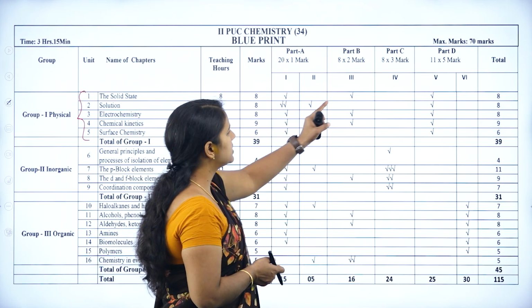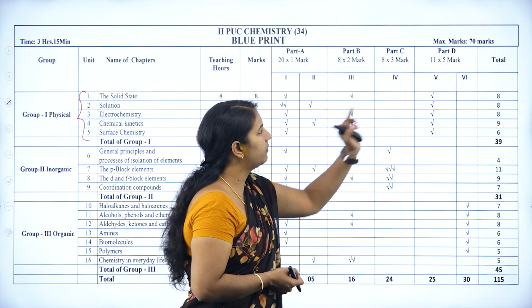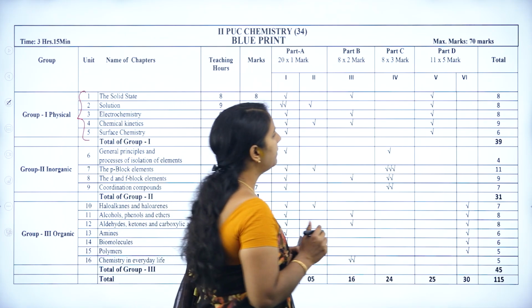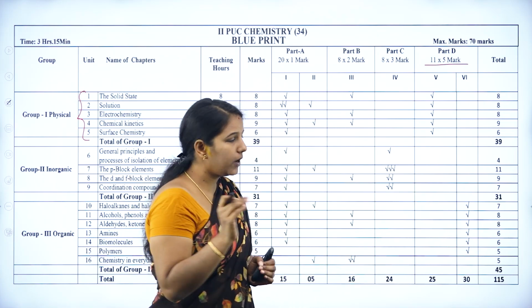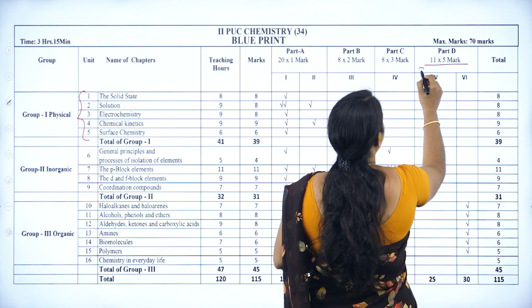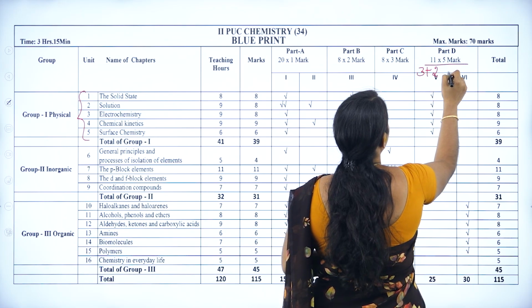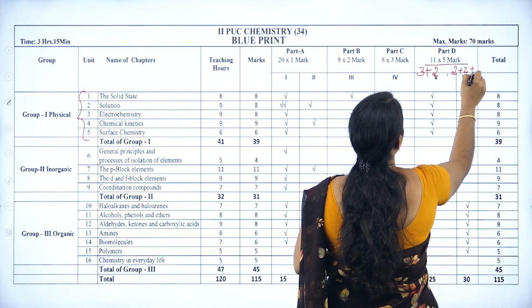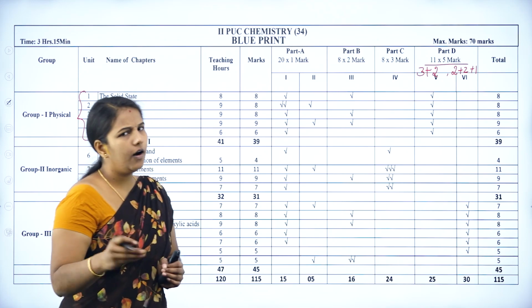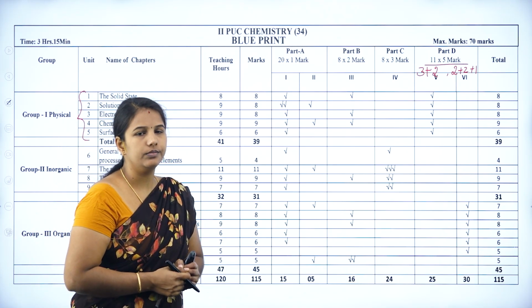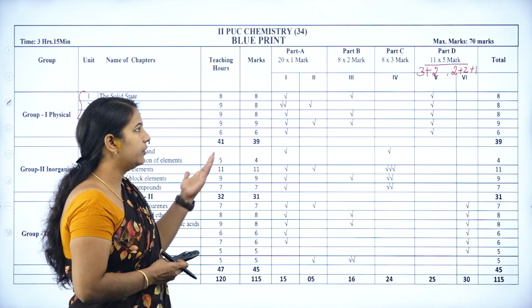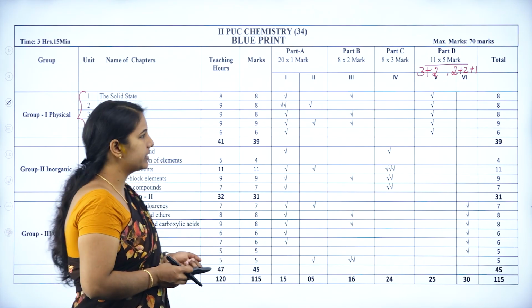And there is one 5 mark question. Remember, in chemistry there will be no direct 5 mark question, and it can be split into 3 plus 2, or 2 plus 2 plus 1, or it may be 2 plus 1 plus 1 plus 1 also. So hope you know how the pattern will be raised.